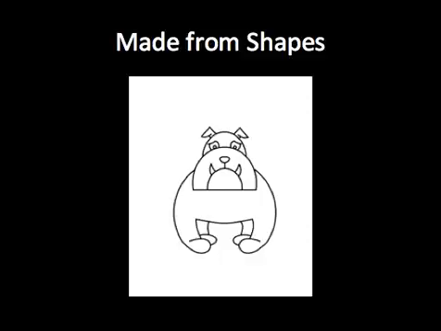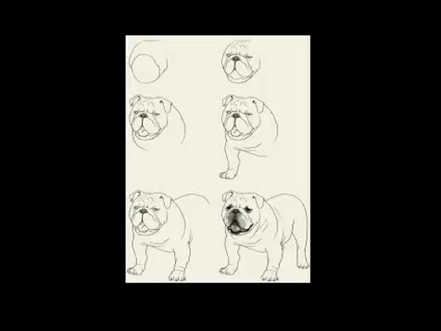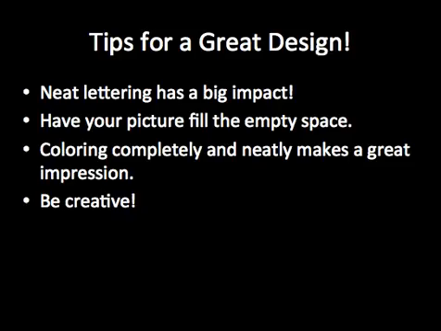You can recognize that that is a bulldog, but it's primarily made of shapes that you can recognize. Or if you want, you can draw out the full bulldog in detail. Whatever you decide to do, I'm sure is going to be great.